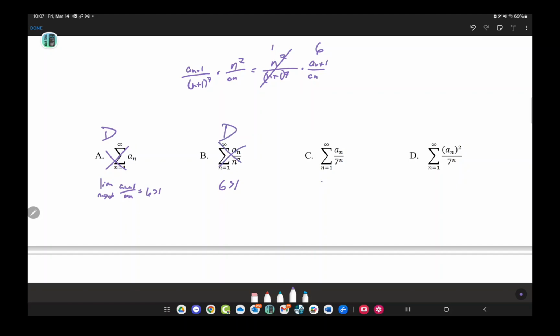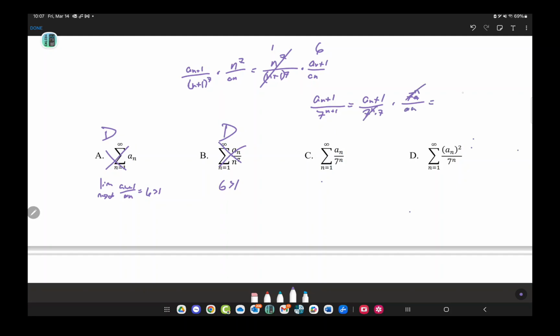All right. This one we get a of n plus 1 over 7 to the n plus 1, which is a of n plus 1 over 7 to the n times 7. We're going to multiply that by 7 to the power of n over a of n, so that's gone.